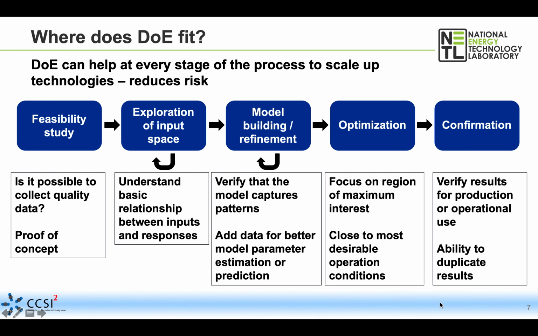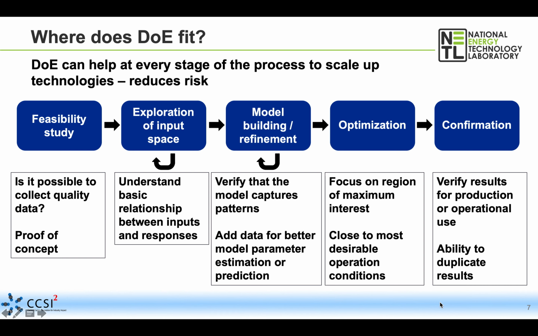And design of experiments can really help us at every stage of the process to scale up technologies, thereby reducing risk throughout the entire process. From the early stages of feasibility study into exploring that input space of interest, understanding basic relationships between the inputs and the response or responses of interest.